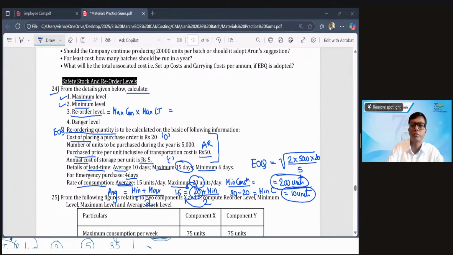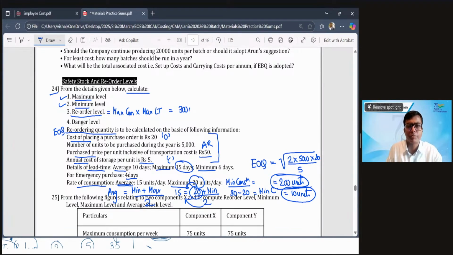Very good. Yes, Abhijit, correct. Prajot, right. Aditya, correct. Mustafa, correct, beta. Yes, very good. Everyone. Deepika. So now my reorder level is 300 units.